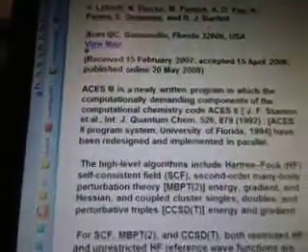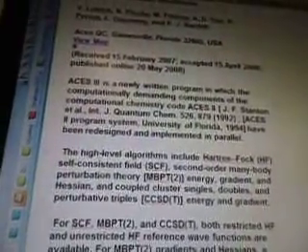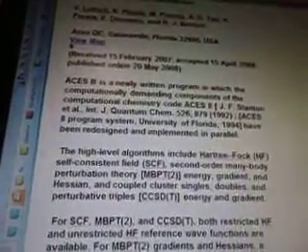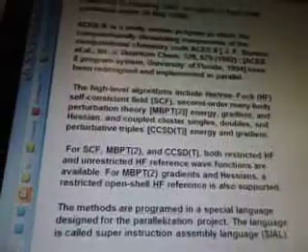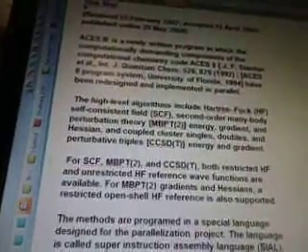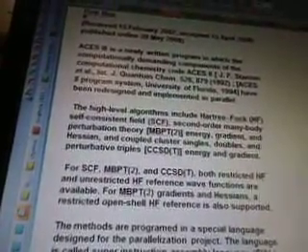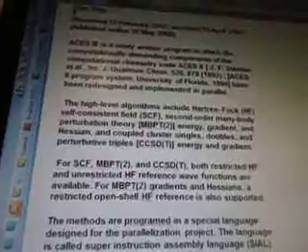So ACES 3 is a newly written program in which the computationally demanding components of the computational chemistry code, ACES 2, J.F. Stanton Quantum Chemistry Program, University of Florida, blah, blah, blah, has been redesigned and implemented in parallel. The high-level algorithms include Hartree-Fock, self-consistent field, second-order many-body perturbation theory, energy, gradient, and Hessian and coupled cluster singles, doubles, and perturbative triples, energy and gradient, which I have no idea what all that means.